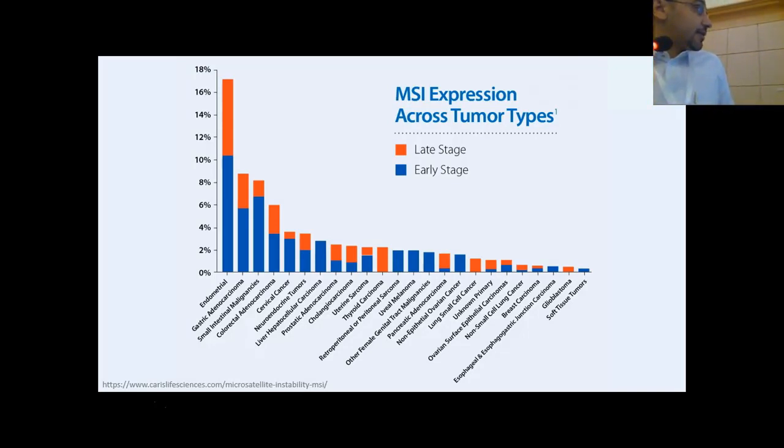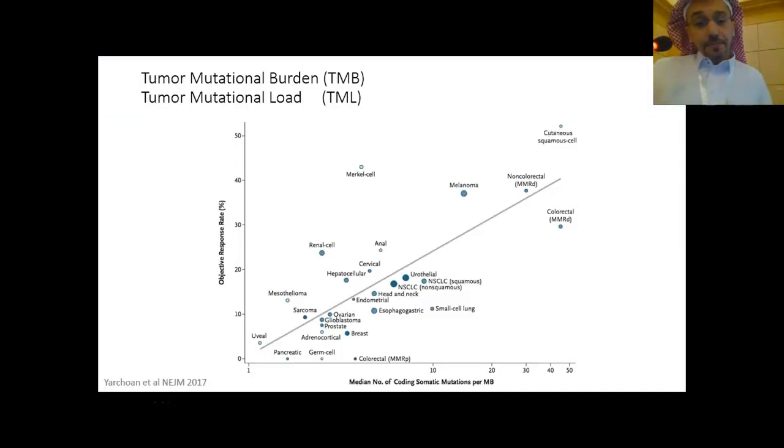And to answer your question, Dr. Khalbas, about the breast, I'm not sure if I can see it, but the top one is the endometrial followed by the gastric. The endometrial is about 17% of the cancers that have MSI.